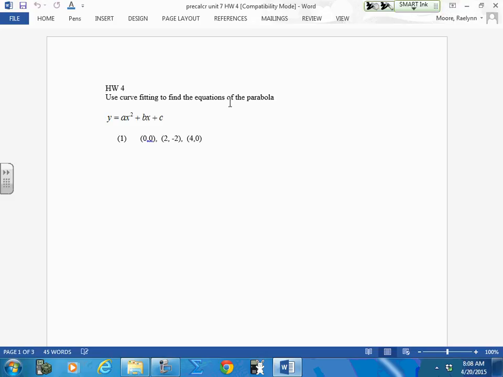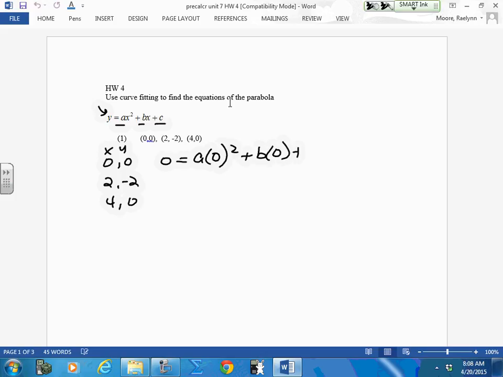So lay your points out like this. This is the x, this is the y. Plug them in. Don't forget the y equals. Just write this down so you're able to do it. Plug them in: 0 is equal to a, you're plugging in for x and y, plus b, plus c.